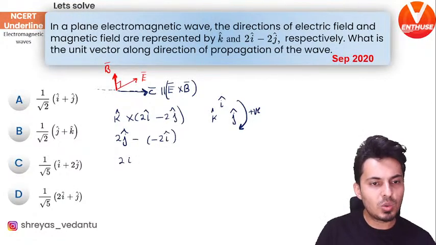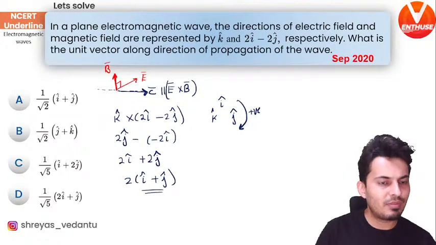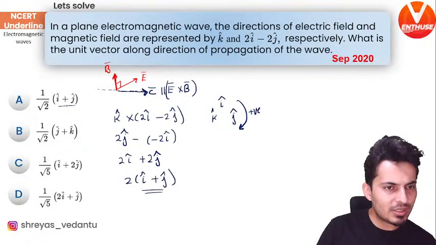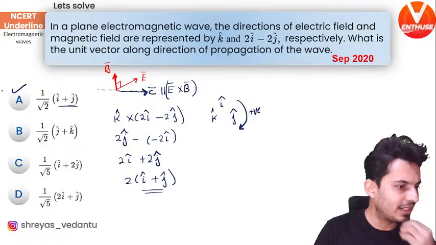Hence it will be 2 I cap plus 2 J cap, so you have 2 times (I cap plus J cap). You need I cap plus J cap somewhere, so all the other options get eliminated. I cap plus J cap is only there over here, so option A should be correct.